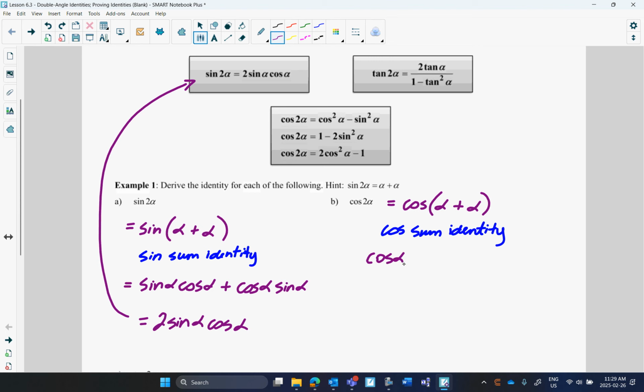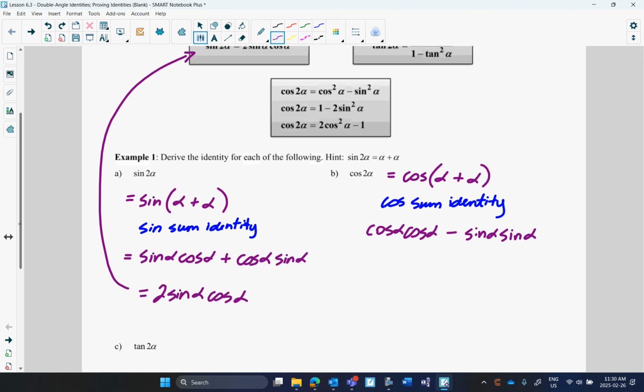So cos of the first one times cos of the second one, which are both alphas, minus sine of the first one, alpha, times sine of the second one, which is also alpha. Well, what's an easier way to say cos times cos? Cos squared. What's an easier way to say sine times sine? Sine squared. We just proved that one.